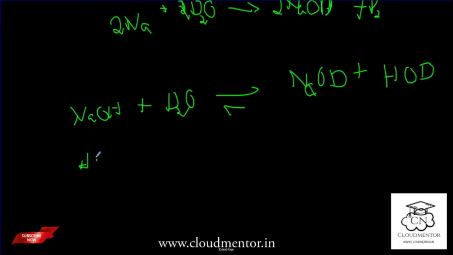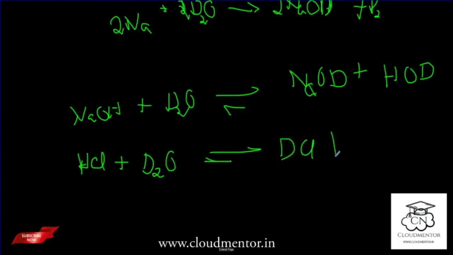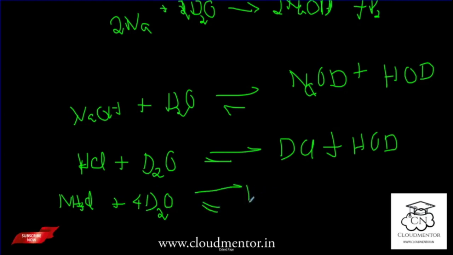Like that, HCl in aqueous state reacts with D2O and gives DCl plus HOD, and NH4Cl plus 4D2O gives ND4Cl plus 4HOD.